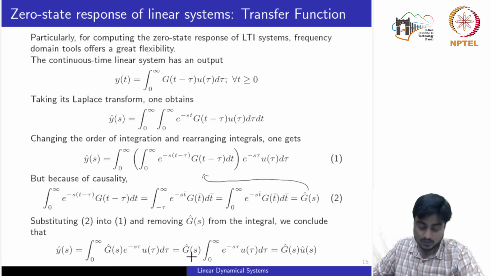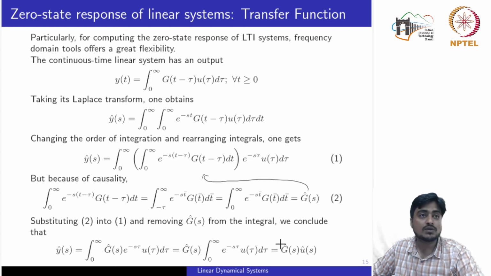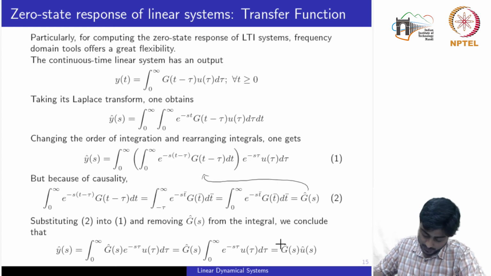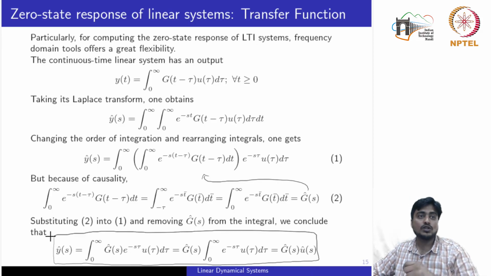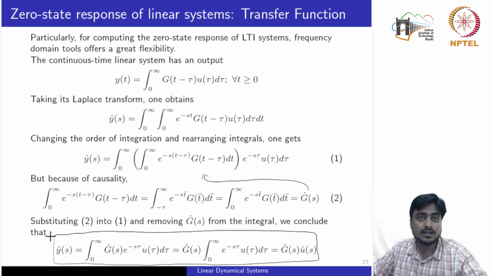So we can take this outside, and the inner integral is basically the Laplace transform of u hat. So the final equation is that y hat of s in the frequency domain is given by the multiplication of the Laplace transform of the impulse function and the Laplace transform of the input signal. So the convolution in the time domain is transformed into merely a multiplication of the two functions.